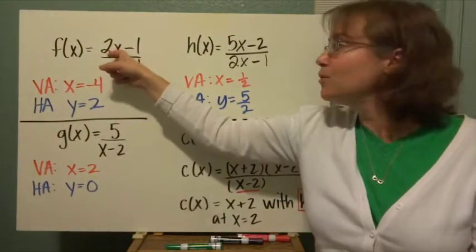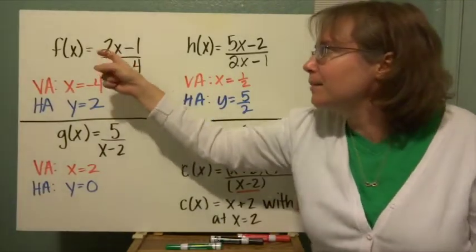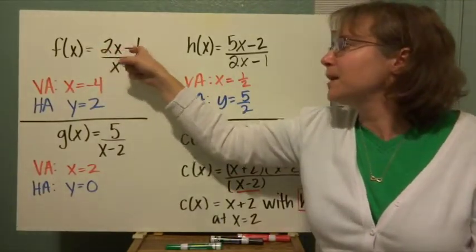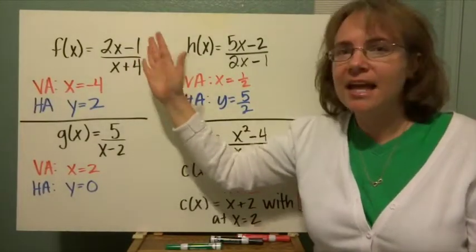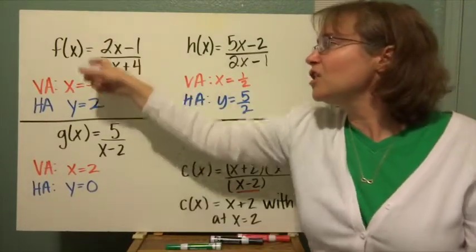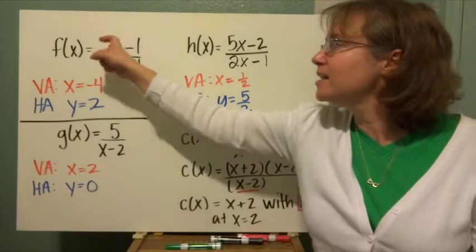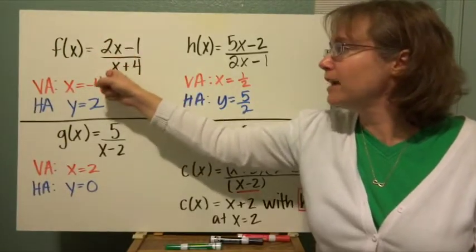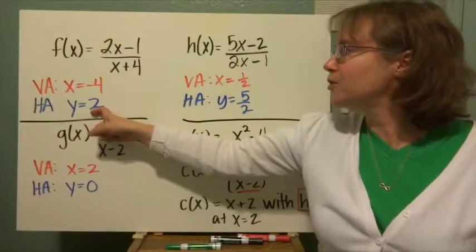So here, if x is a really big number, let's say x is 100, and that's not even a really big number, we have 2 times x minus 1. The minus 1 and the plus 4 are really not going to count once x gets really, really positive or really, really negative. So this is going to look a lot like 2x over x, or just 2, because the x over x will be a 1. So my horizontal asymptote in this case is y equals 2.